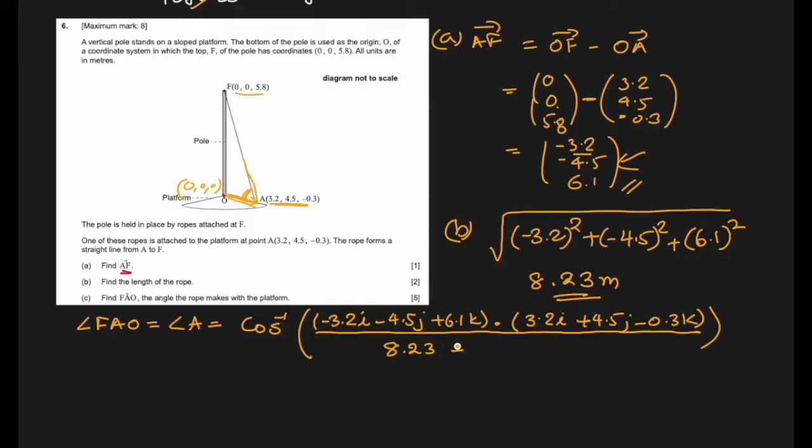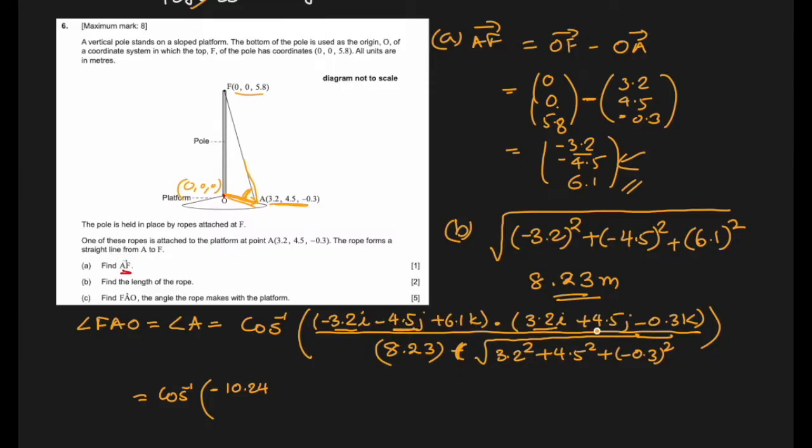and multiplied by the magnitude of the second vector, which is the square root of 3.2 squared plus 4.5 squared plus negative 0.3 squared. So it comes out to be cos inverse of negative 3.2 times 3.2, which is negative 10.24.